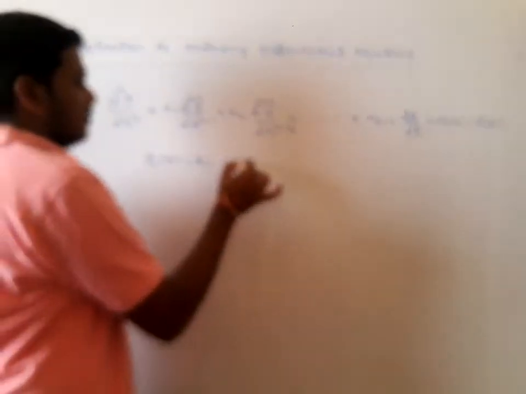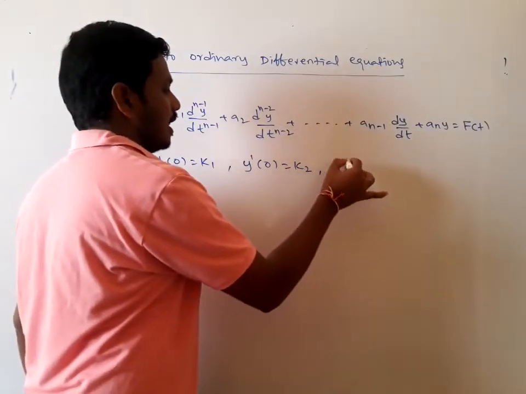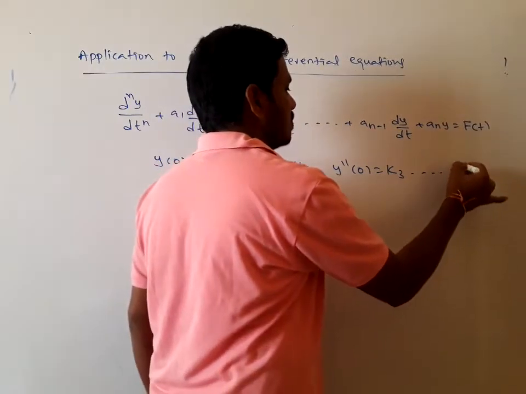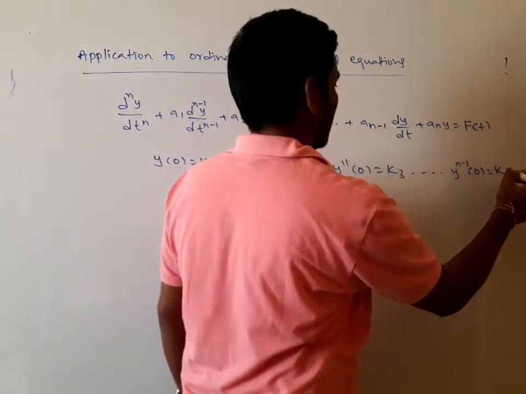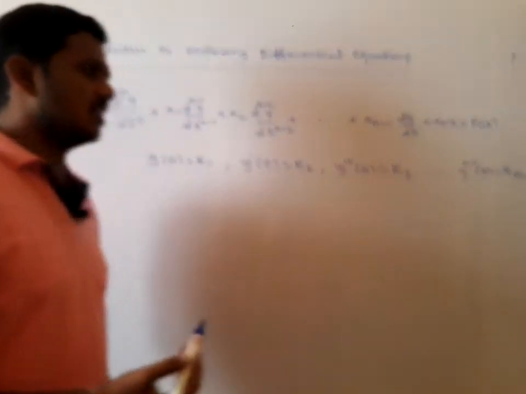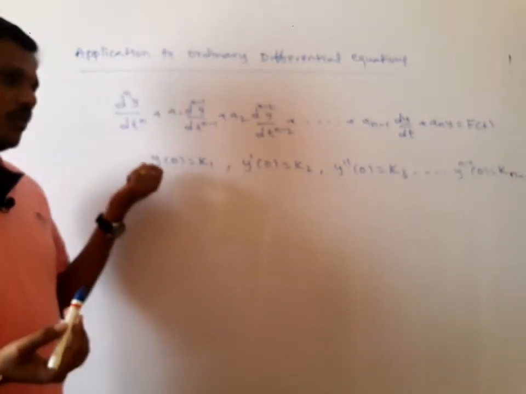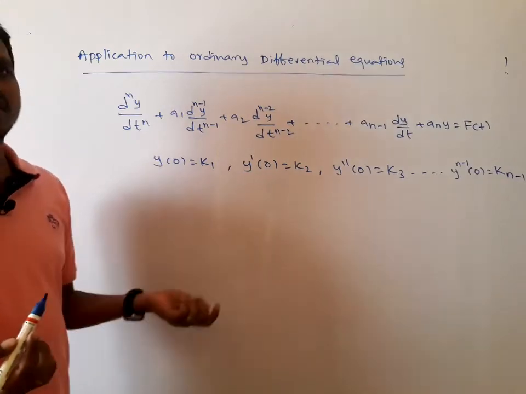Here y dash of 0 is equal to some k2, y double dash of 0 is equal to some k3, and so on, y to the power of n minus 1 of 0 is equal to kn minus 1. These are the initial conditions. That's why we say that it is the initial value problem. The conditions defined at one point, we say that is an initial value problem.